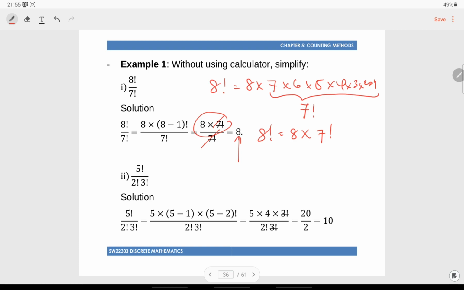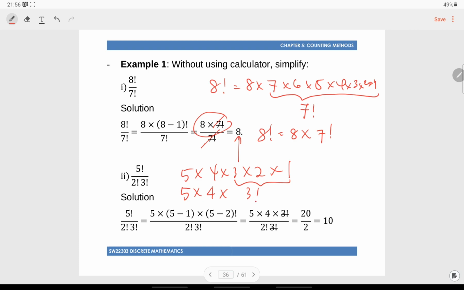In the second one we have 5 factorial over 2 factorial times 3 factorial. Again, we simplify the numerator until we can cancel out with the denominator. 5 factorial is equal to 5 times 4 times 3 times 2 times 1, which can be represented as 5 times 4 times 3 factorial.